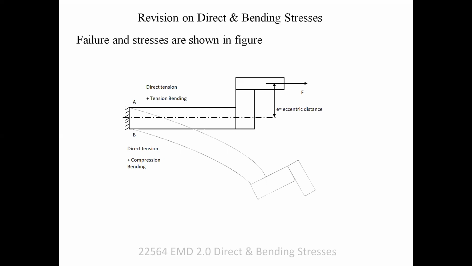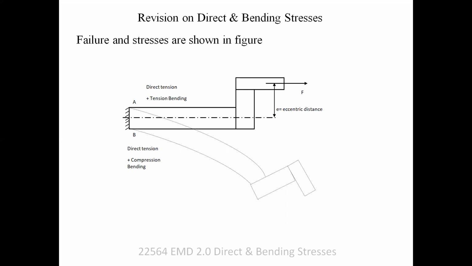Why? Because that particular cantilever or bar is failing in a downward direction. So it is bending in a downward position. So there is direct plus bending tension on the upward side, whereas at point B there is tension plus compression bending, because that portion gets compressed because of such type of load.